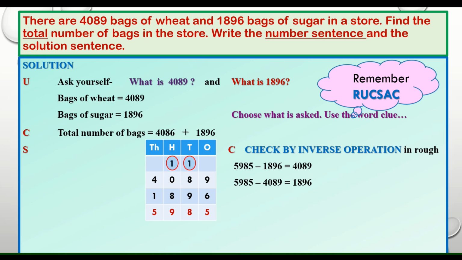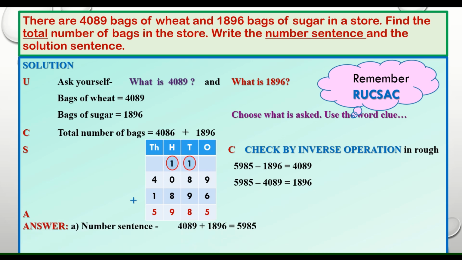If you subtract one addend from the sum, you should get the second addend as the difference. So if you get this, that means your answer is right. And if you don't get this, you have to solve the addition again. And now the turn comes to write the final answer.